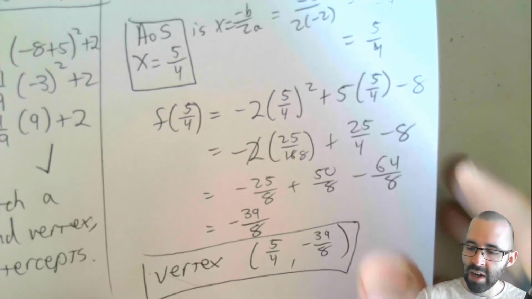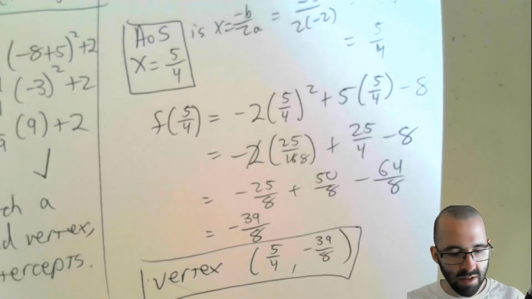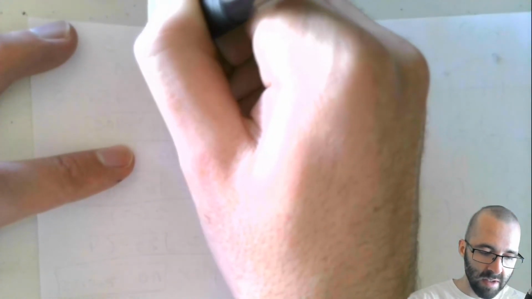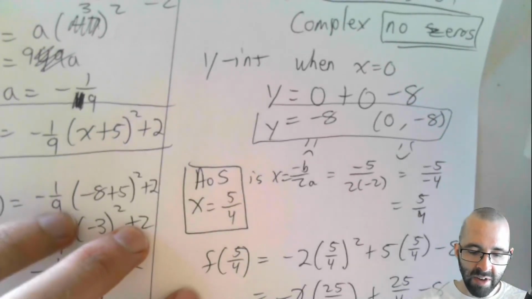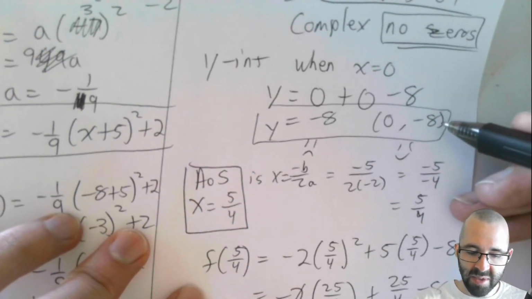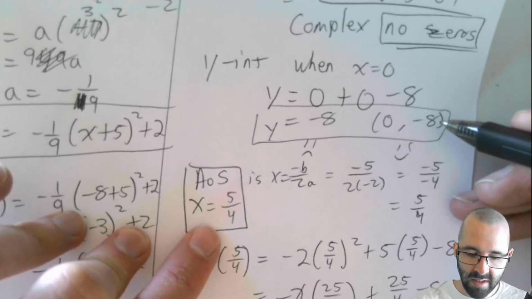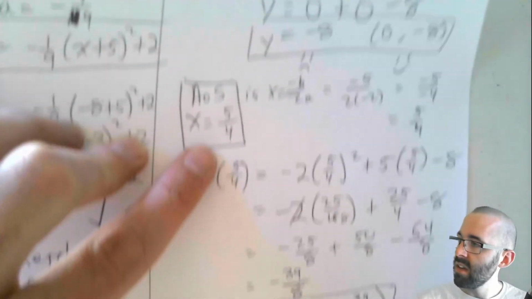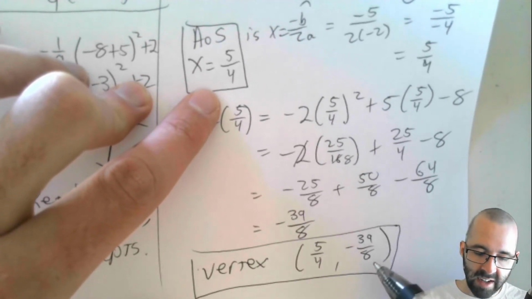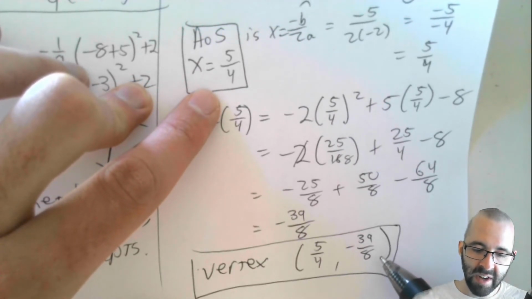We're going to incorporate all of these into a graph. So, get our graph. We have to figure out how big we want our graph, right? The y-intercept is -8. The axis of symmetry is a little bit over 1. The vertex has a y coordinate of about -5.